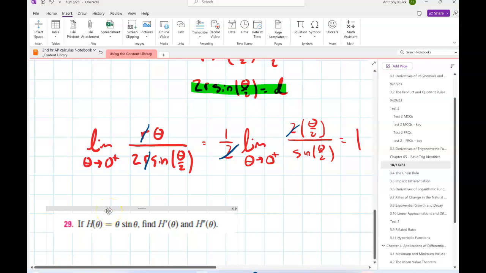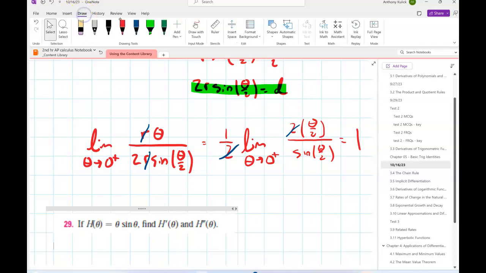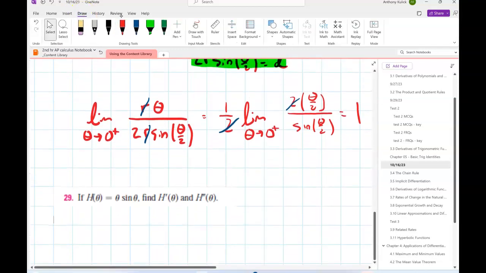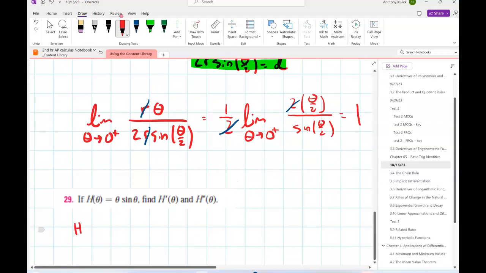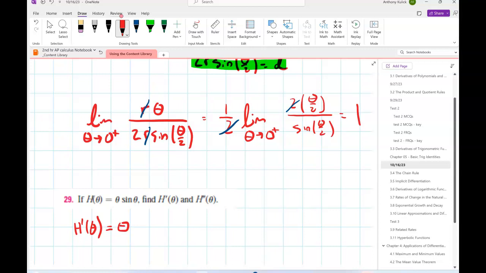So if h of theta is equal to theta times sine theta, find the first and second derivatives. So what do I need to do to differentiate h of theta? Product rule. So I have f times g prime of x plus g of x times f prime of x.